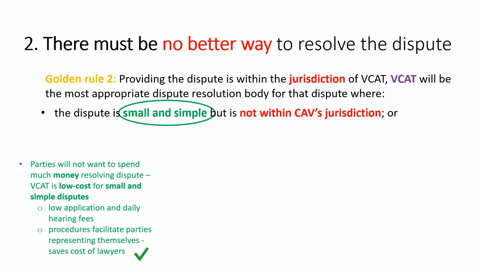For example, there's no application fee for healthcare card holders where the dispute is a residential tenancies dispute. And the first day of a hearing for small claims relating to goods and services, that is, where the claim is for up to $100,000, is free. Second, because VCAT's procedures facilitate parties representing themselves, parties can save on the cost of lawyers.